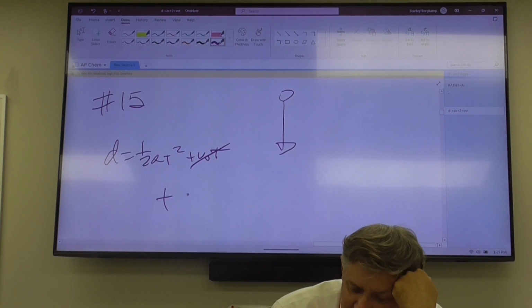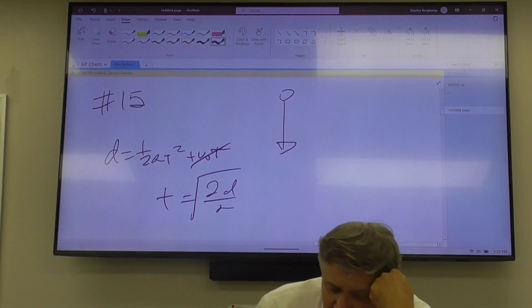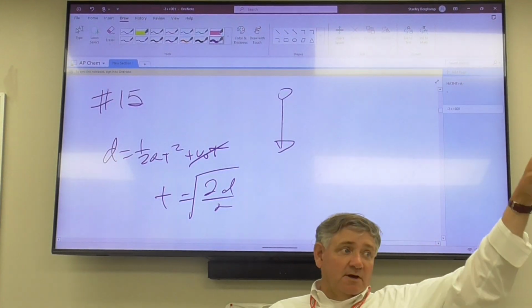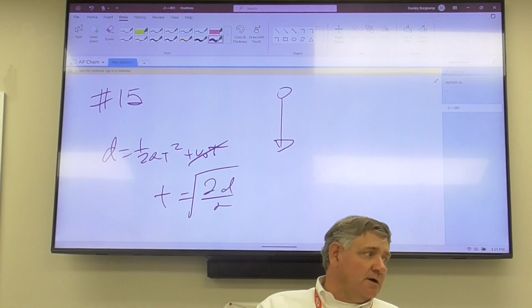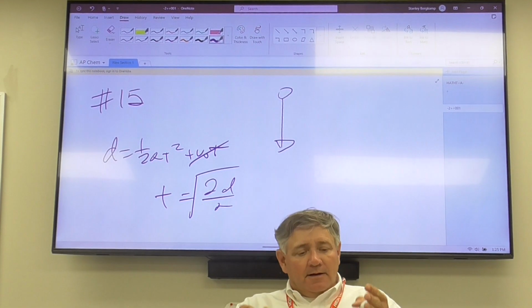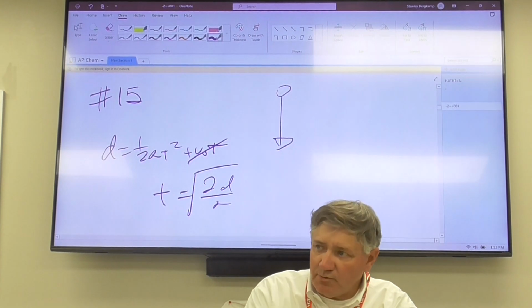If you solve this for time, you get the square root of 2d over a. This is a cool equation, because I'm just going to drop it, I know how far it falls, and I can calculate the time. Now you have to put it in terms of this equation.